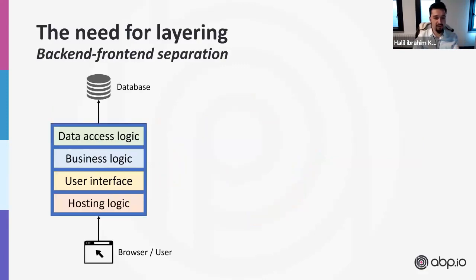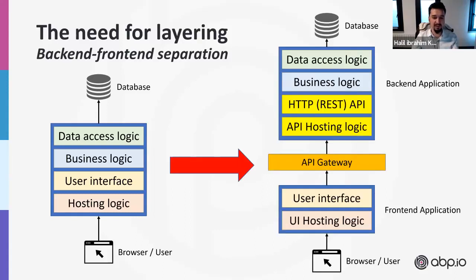When you convert this to a microservice system, you typically have an API gateway between your user interface and business logic. So you will introduce HTTP APIs, some hosting logic for these HTTP APIs, and UI hosting logic will also be separated, so that they will communicate through REST APIs or GraphQL or whatever you want. However, it will be completely separated.